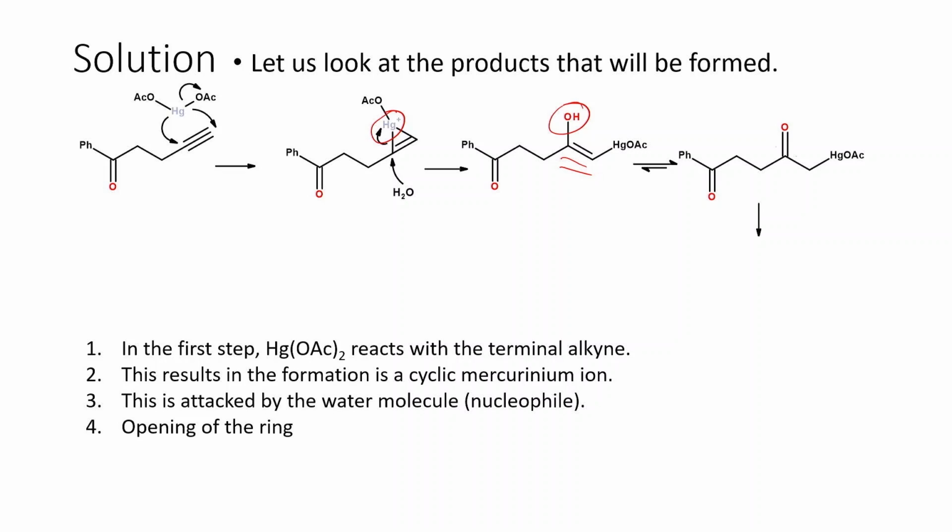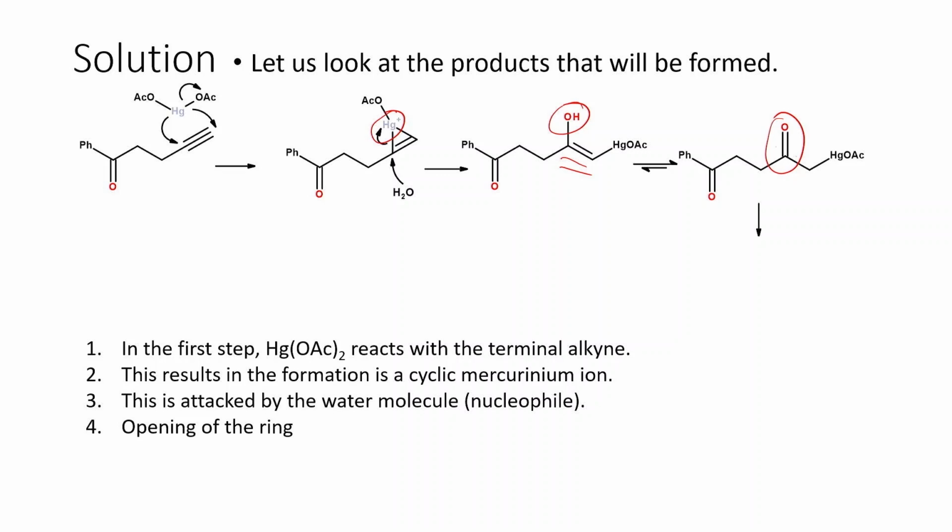When we have an enol, the enol can undergo tautomerization to give the carbonyl compound. So this is the first step. In the case of an alkene, we end up with an alcohol on mercuration demercuration reaction, whereas in the case of alkynes, we end up with a carbonyl compound.